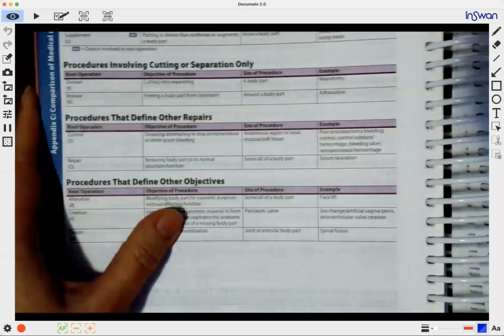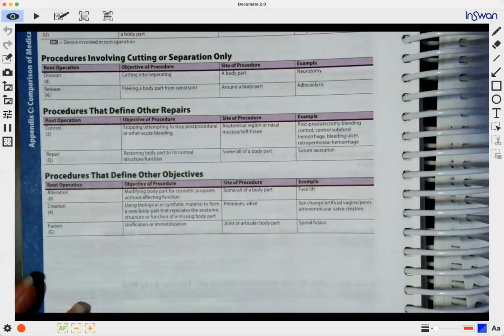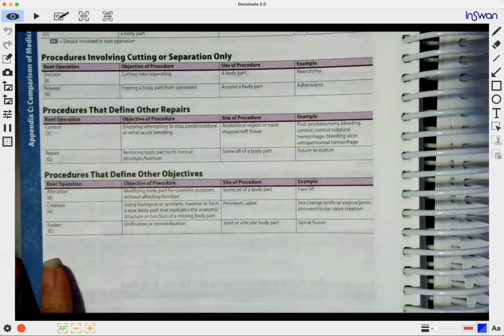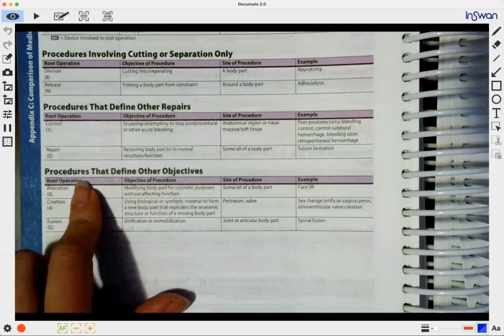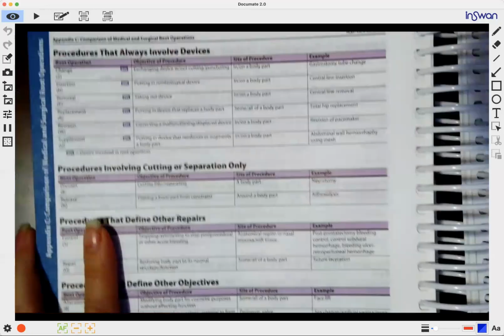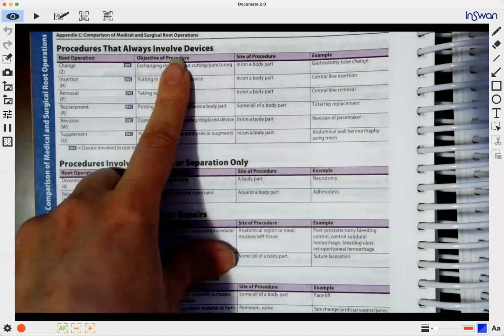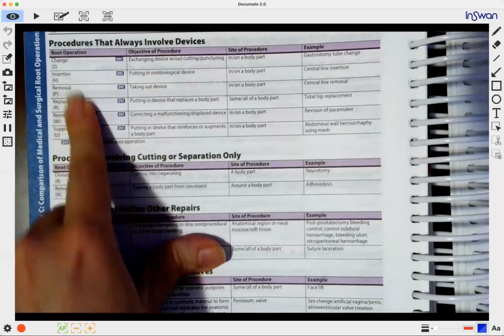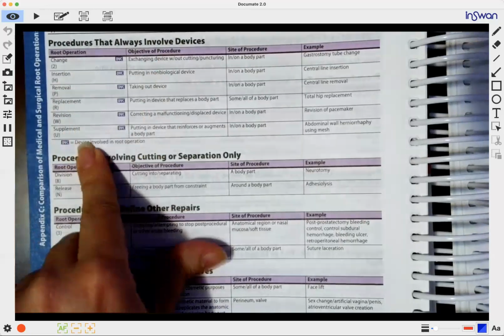The procedures that always involve a device. So we talked about some of those where I showed you in the definition, it said you must have a device, you must have a device, right? So procedures, pardon me, let me scroll down a little bit here. Procedures that always involve devices: change, insertion, removal, replacement, revision, supplement.